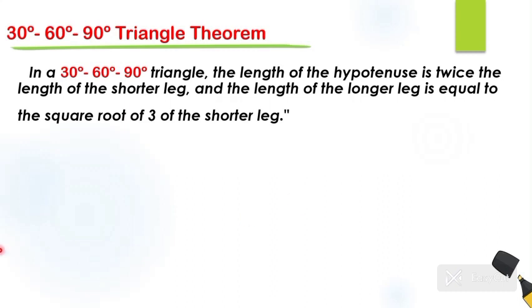So this theorem states that in a 30-60-90 triangle, the length of the hypotenuse is twice the length of the shorter leg, and the length of the longer leg is equal to the square root of 3 times the shorter leg.